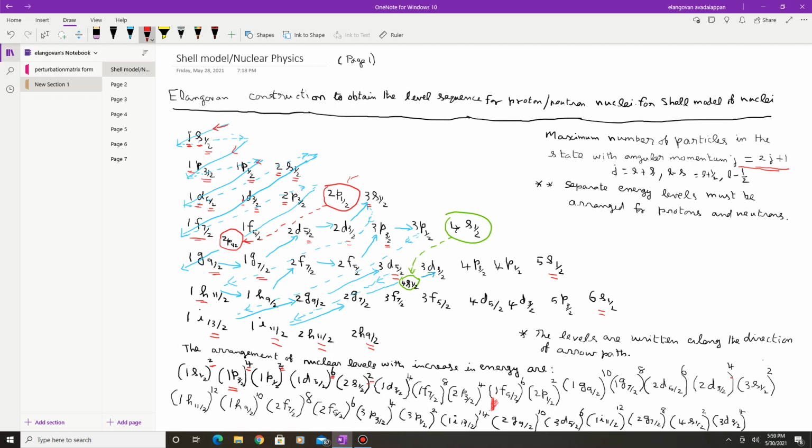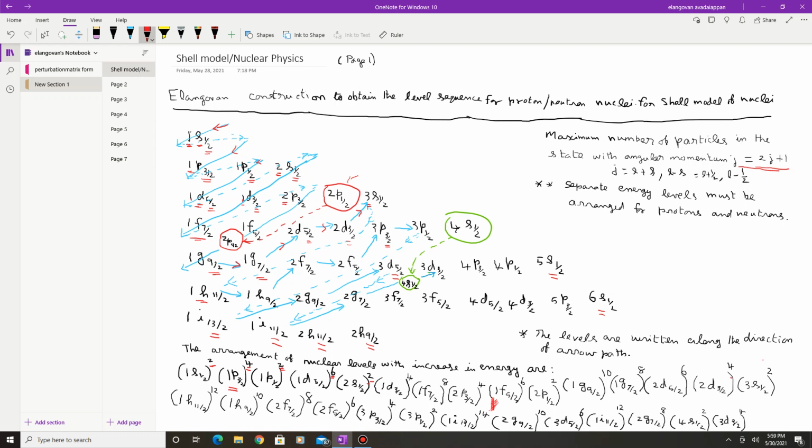Again 1g 3 by 2. Then from 1g 3 by 2, you make a mark like this. So you go down in the direction of the arrow. 1g 3 by 2, 1g 7 by 2, and you move along this direction. 2d 5 by 2, then 2d 3 by 2, and 3p and 3s half.